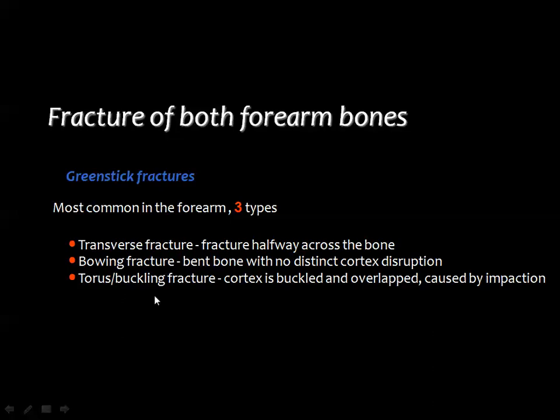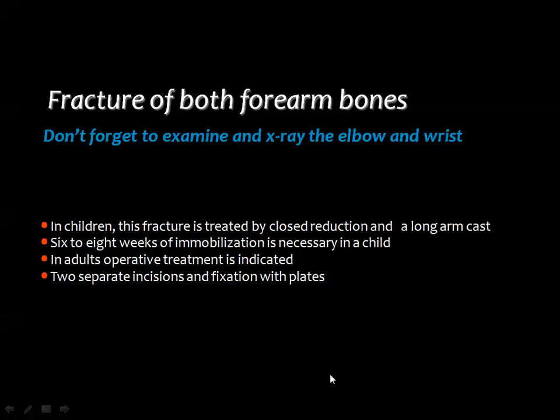In torus or buckling fracture, the cortex is buckled and overlapped, caused by trabecular injury and impaction.